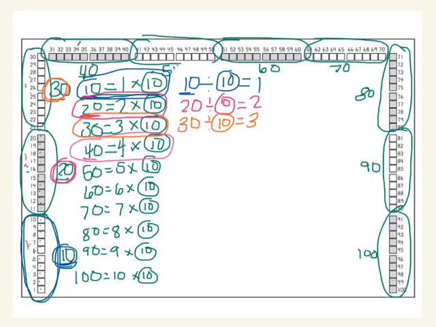Let's start with our total, which is 40, divided by our group size, which is 10, equals. Let's double check it by looking at our total on our count by. So 10, 20, 30, here's 40. Let's count the number of groups of 10. 1, 2, 3, 4. So 40 divided by 10 equals 4.